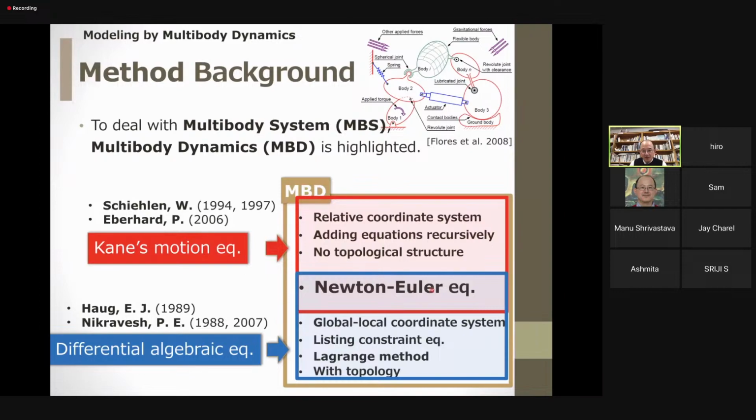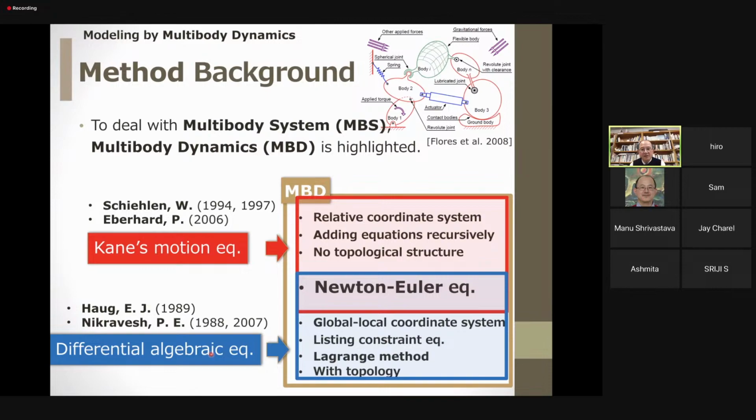The Newton-Euler equation was solved by Gentaro Taga. I just showed the picture. He solved it by hand, but Schiehlen systematically introduced a very fine way to generate the description. Haug and Nikravesh introduced differential algebraic equations. Now he introduced global and local coordinates, listing the systematic constraint equations.